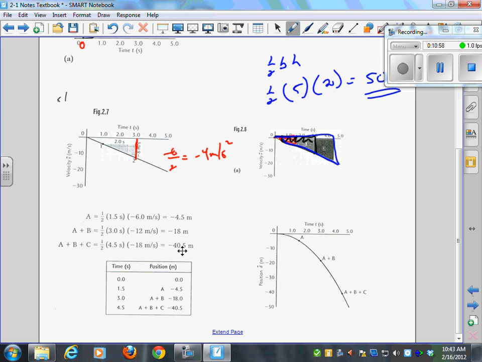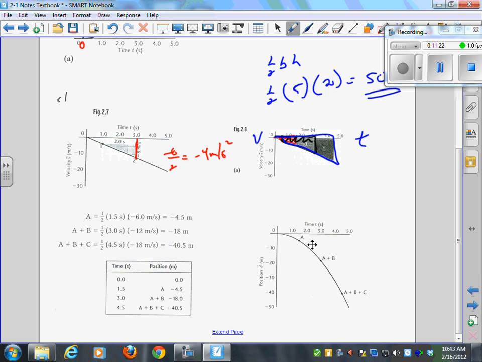And then to get the displacement time graph, what do you have to do with those? Just graph it, right? So they're taking these individual areas of a VT graph. They got 0, minus 4.5, minus 18, minus 40.5. And then what did they do here?